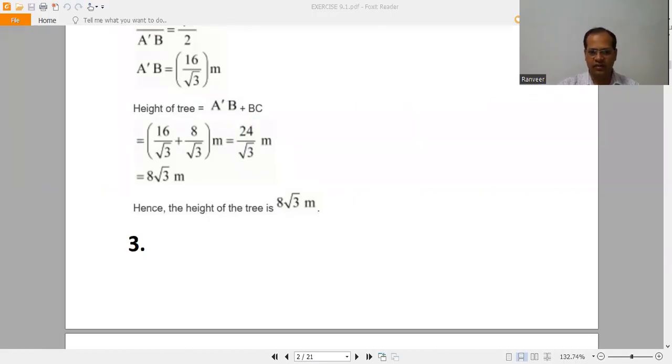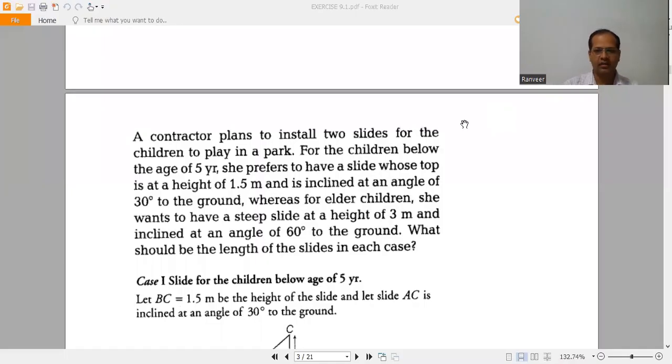Now the third question we will see. In question number 3, a contractor plans to install 2 slides for the children to play in a park. For the children below the age of 5 years, she prefers a slide whose top is at 1.5 meter.